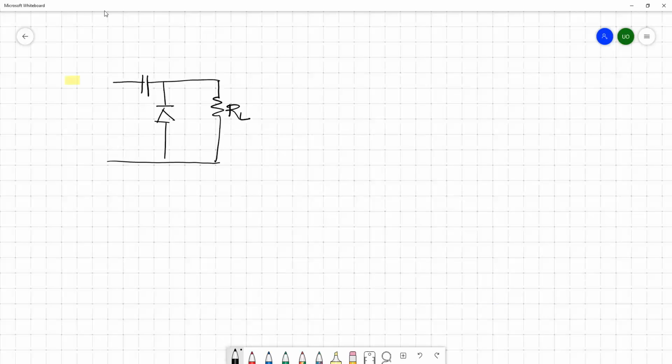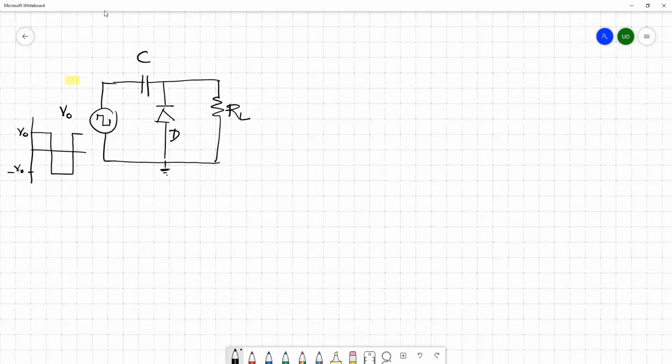Let's assume we are applying an alternating source like this, with peak values V naught and minus V naught. So this is your capacitor, this is your diode, and this is your resistor.